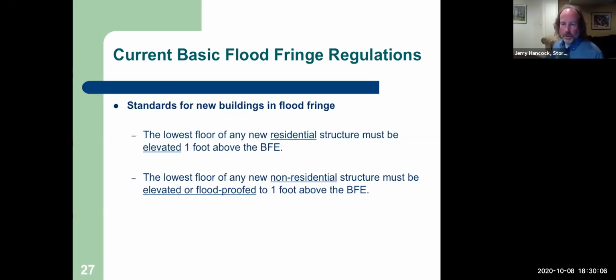So now I'll go over the regulations that currently exist in the flood fringe. In the flood fringe, currently you can build residential, but it would have to be elevated 1 foot above the base flood elevation. And you can also build non-residential, which would have to be elevated or flood-proofed to 1 foot above the base flood elevation.